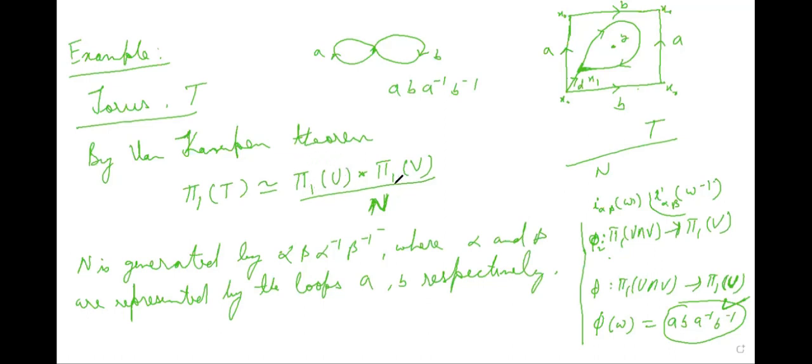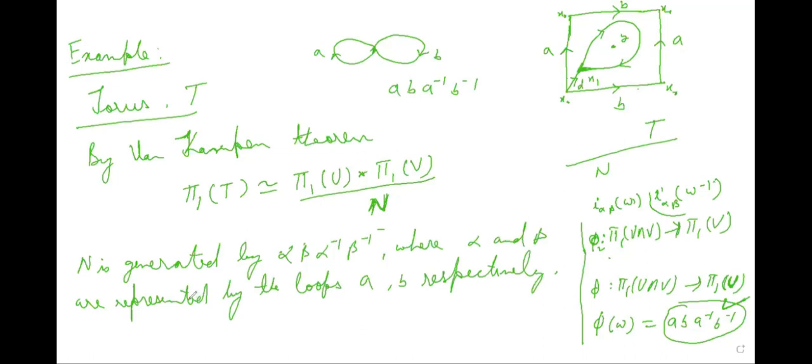And pi 1 V is simply the trivial group, and pi 1 U is Z star Z. So we have this isomorphic to Z star Z quotiented by N, where N is the normal subgroup generated by this, right?